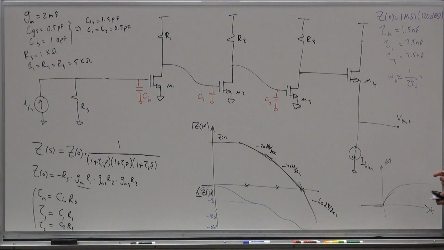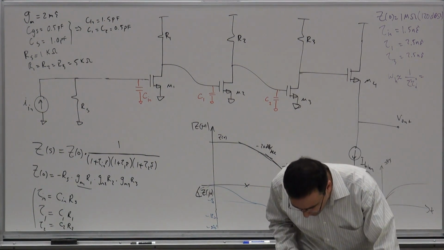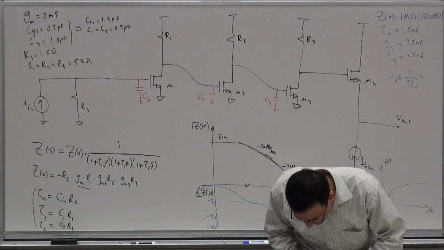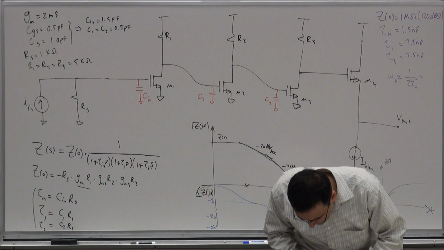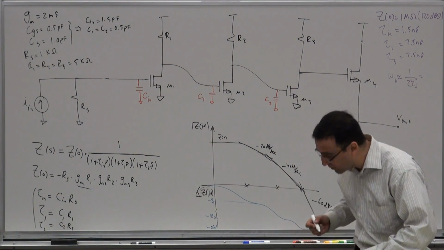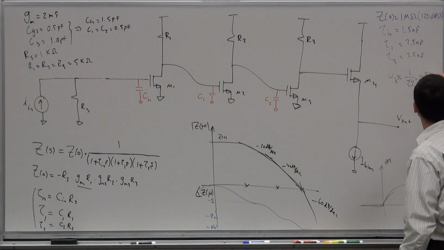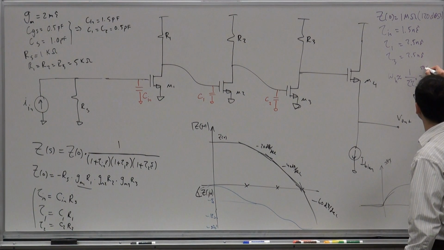So that's omega h divided by 2 pi, which estimates about 25 megahertz. Right, 24.5.